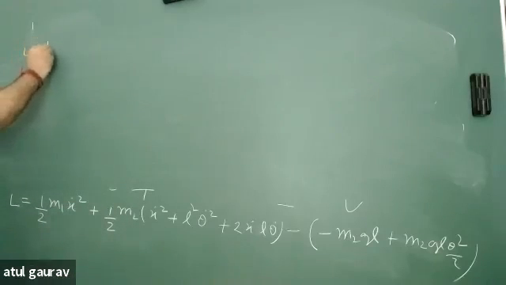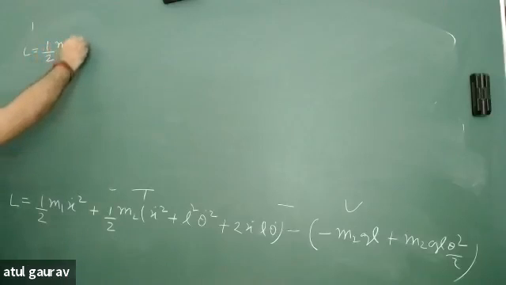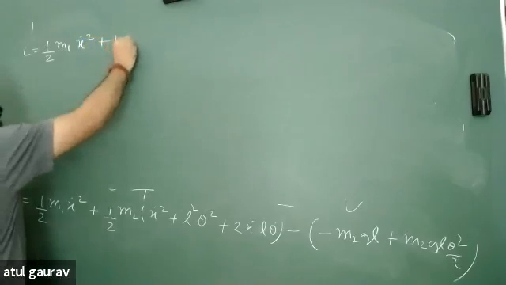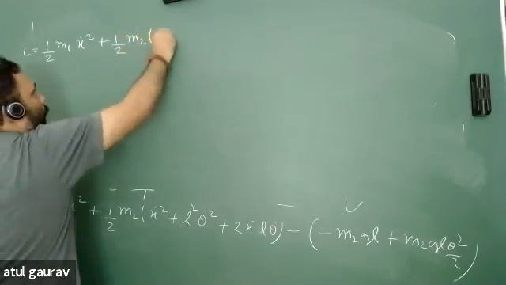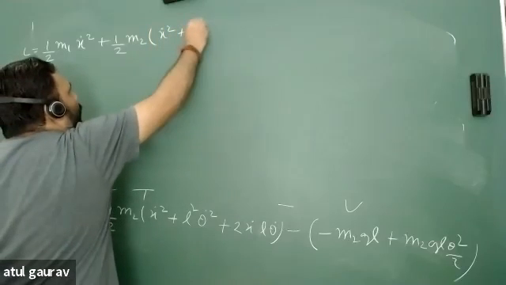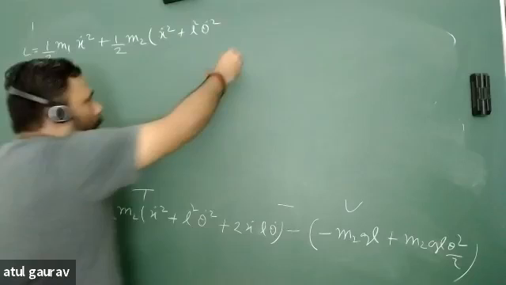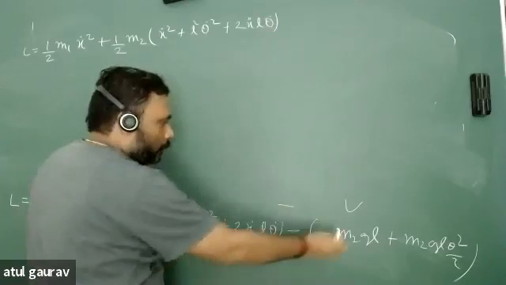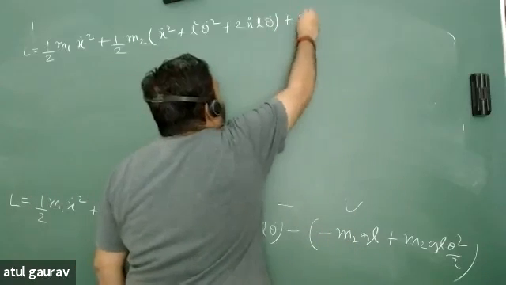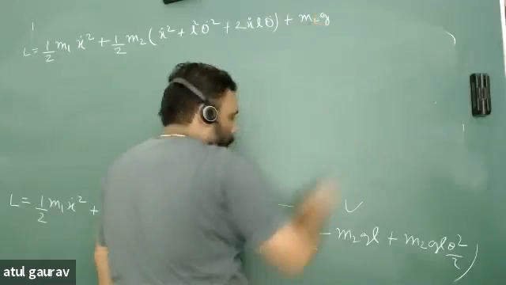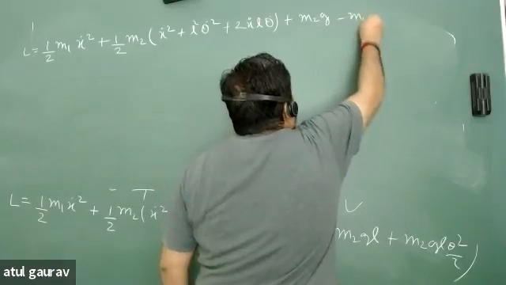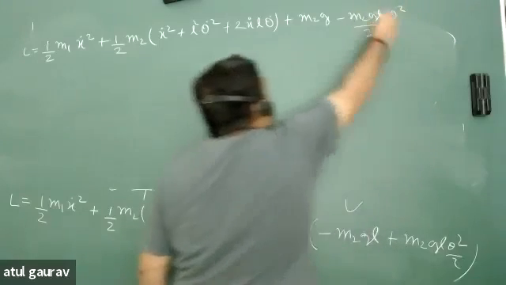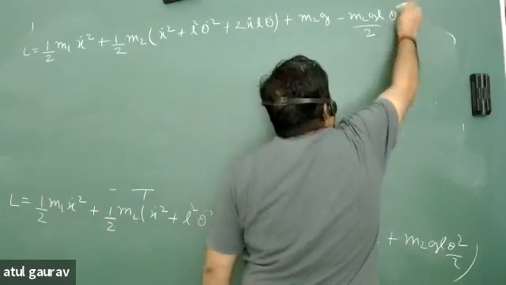The Lagrangian is half M1 x dot square plus half M2 x dot square plus L square theta dot square plus 2 x dot L theta dot, now minus plus M2 g L and minus M2 g L by 2 theta square. So this will be theta square.